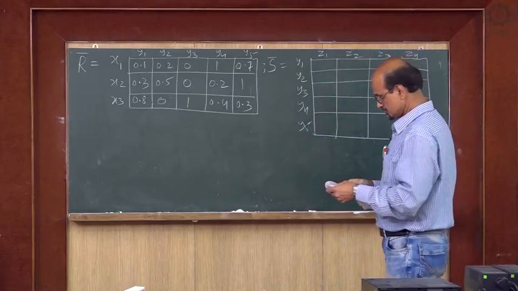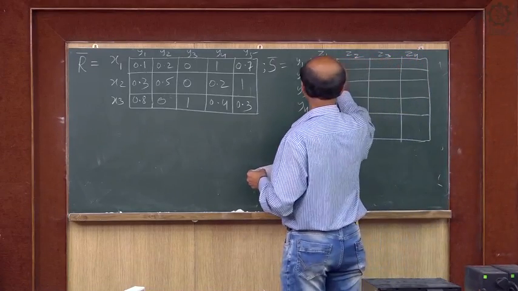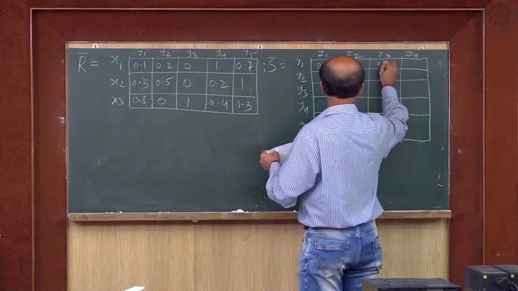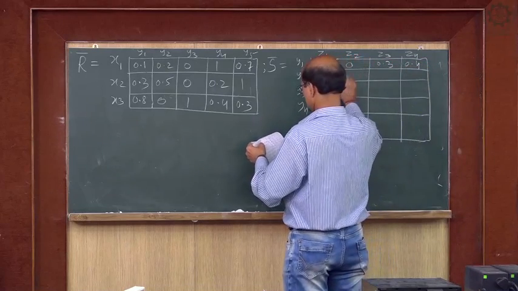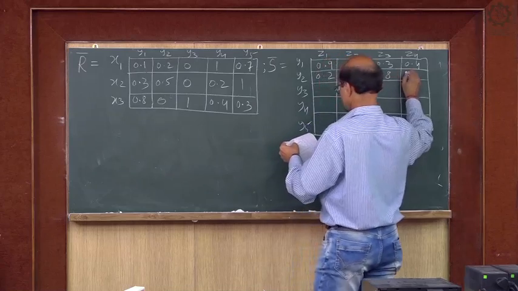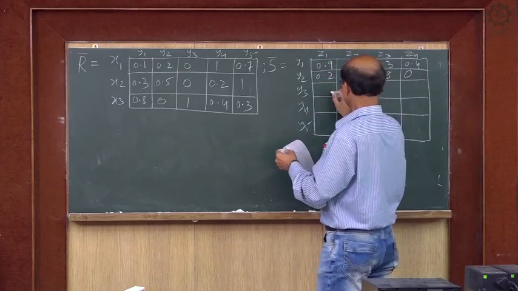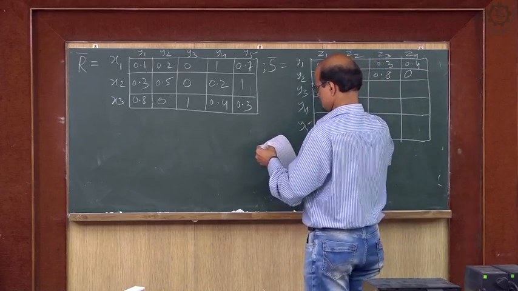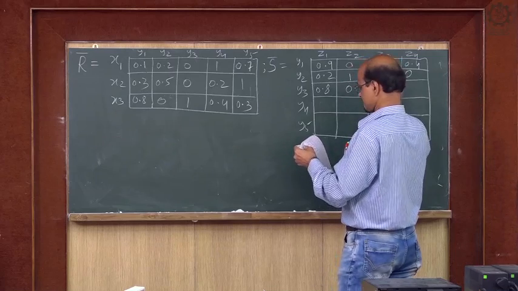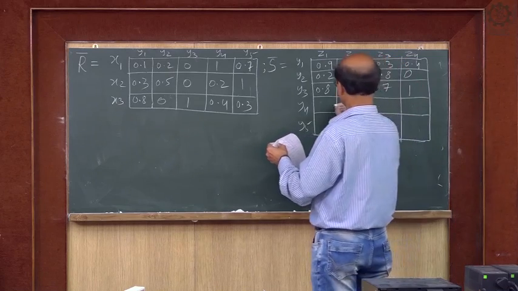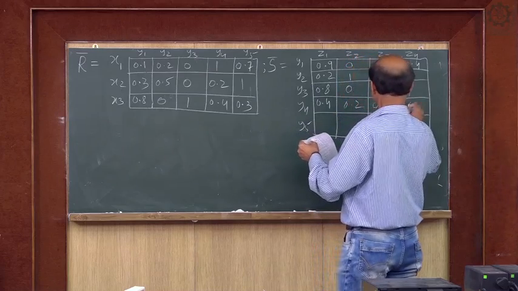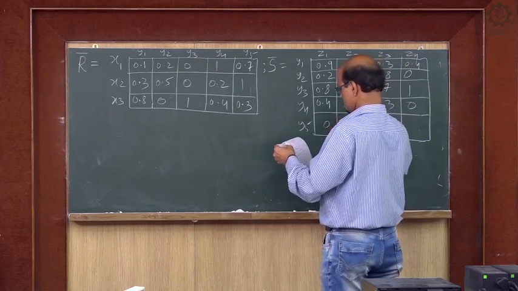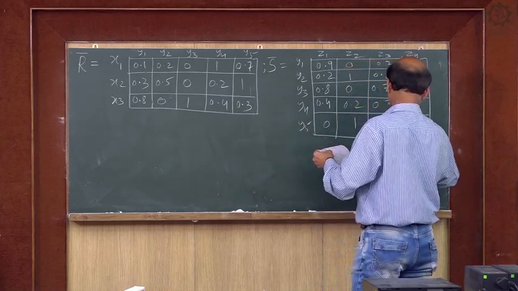So, these values are 0.9, 0, 0.3, 0.4, 0.2, 1, 0.8, 0, 0.8, 0, 0.7, 1, then 0.4, 0.2, 0.3, 0, 0, 1, 0.8.